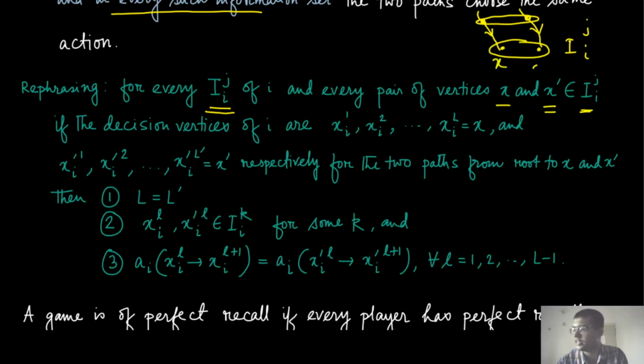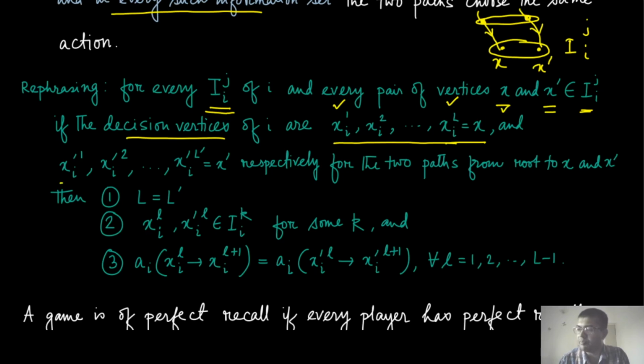Now take the decision vertices, those where player I is the player, and take the sequence of them, starting from 1 to capital L. There are L such places where player I was playing, and of course the last node is the node x that we have already picked.